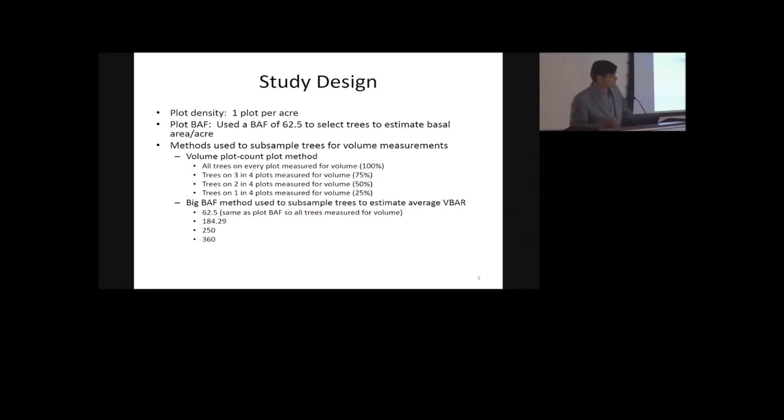The other thing we might do is we'll say, oh, let's have 2 count plots and then do 2 volume plots. That way we don't have to measure heights and form factors and all that stuff on every tree, on every plot, right? We can save a little money. But what I wanted to do is understand that. If I make that decision, what does that mean to my allowable error?